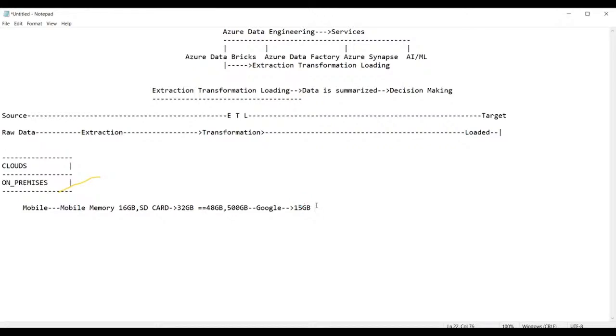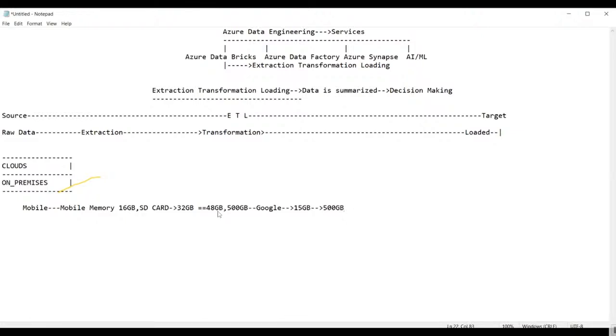External hard disk, that is fine. Okay, no problem. One more way is that you can ask Google to increase the size, that means from 15 GB to 500 GB.